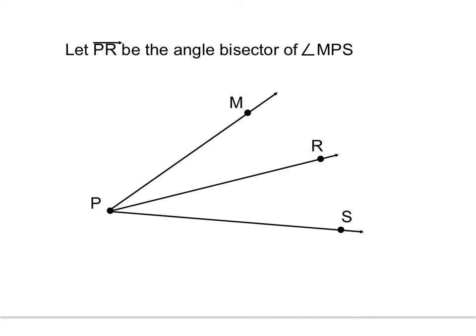So one thing I want to say about angle bisectors is that if I take the distance to my angle bisector, it's going to be congruent. What that means is if I take one part of my angle bisector, and let's say I start here, and I want to find the closest distance to my angle bisector, that distance is going to be the same as the distance from the other side.